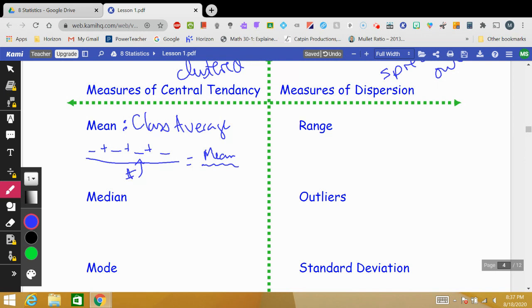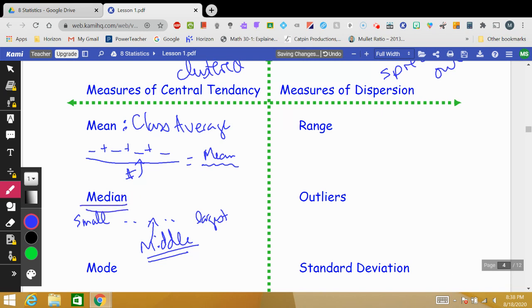Okay, the median, this is if you take your data values and arrange them from either smallest to largest or largest to smallest. It is the middle value. So the middle value is the median.